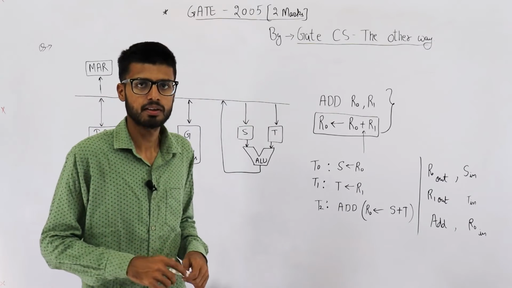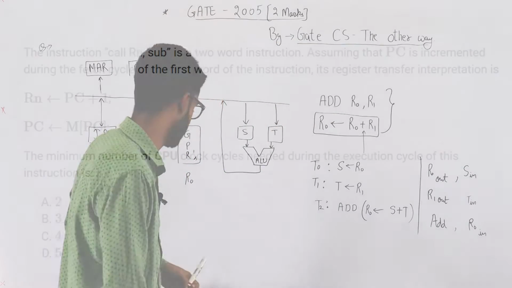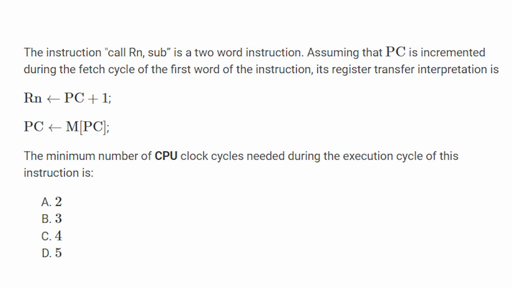I'll read out the B part. This is a 4 marks question, 2 marks for each part. Okay, we'll read out the next part. Instruction call Rn comma sub is a 2-word instruction, assuming that PC is incremented during the fetch cycle of the first word of the instruction.